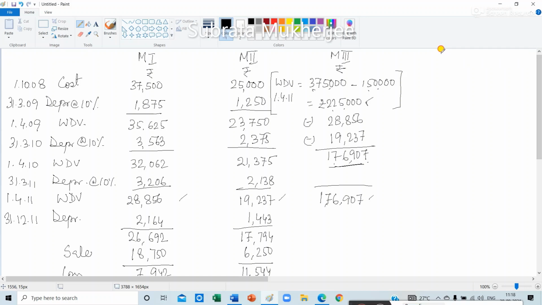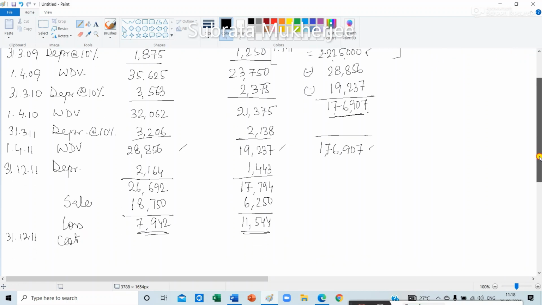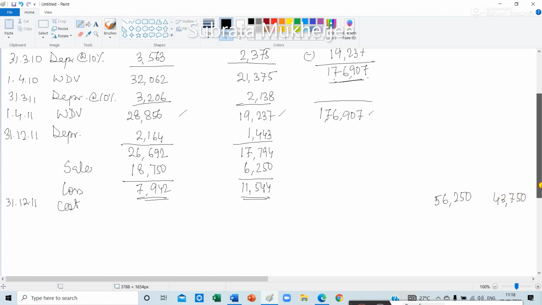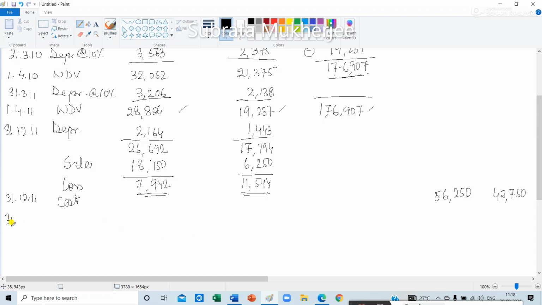And on the same day, that is on 31st December 2011, two more machines were purchased. So I am writing here under M4 and M5. The cost of the machine M4 was rupees 56,250 and M5 was rupees 43,750. You need to charge depreciation on 31st March 2012. The first two machines were sold, so you need to charge depreciation at the rate of 10% on M3, that is 17,691. And you need to charge depreciation for 3 months on the new machines.